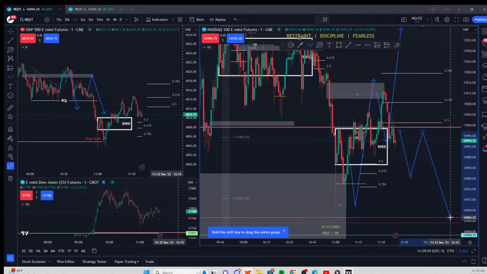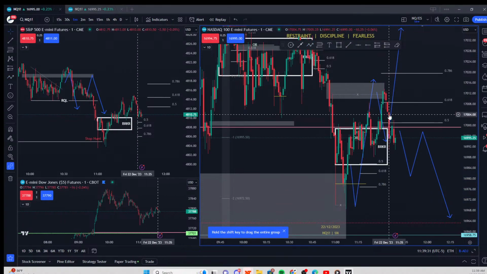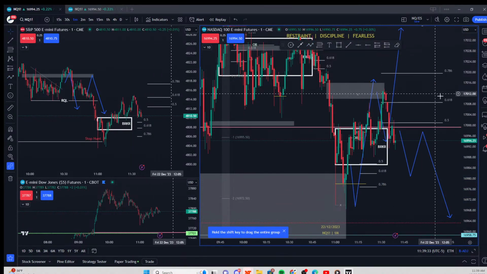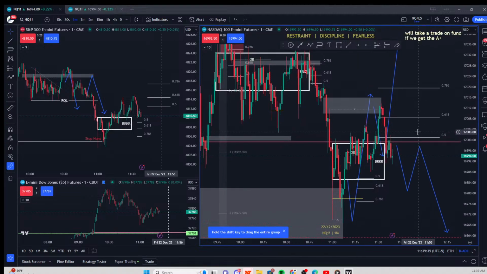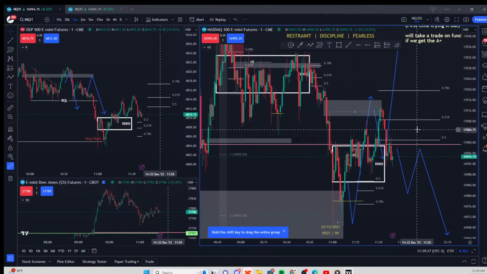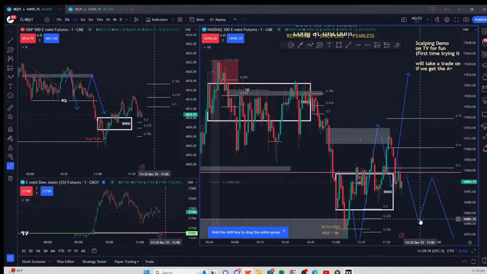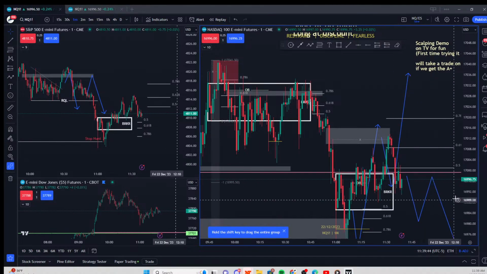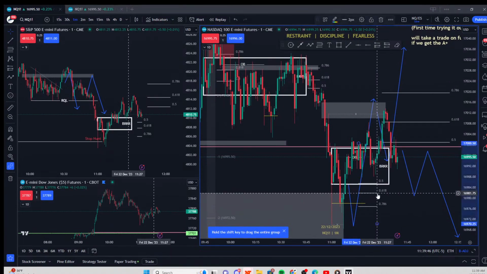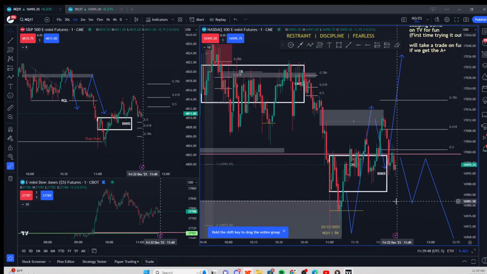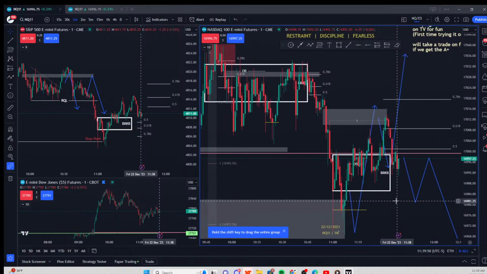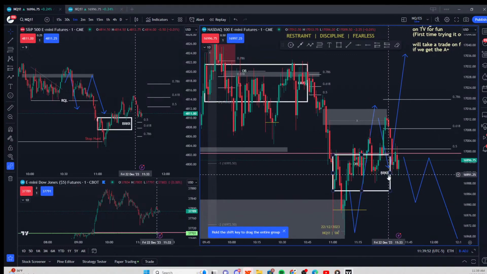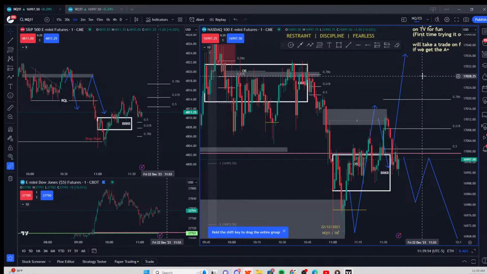Then we can see something like this. So it'll be more of an inverse plus a bearish breaker. That's if we get a close under this breaker. Keep in mind, that's why I drew it like that. But if we don't do that and we just stay respecting this breaker, we're going up here.